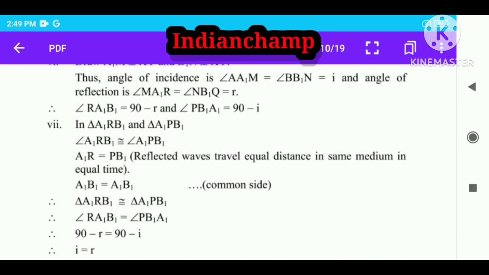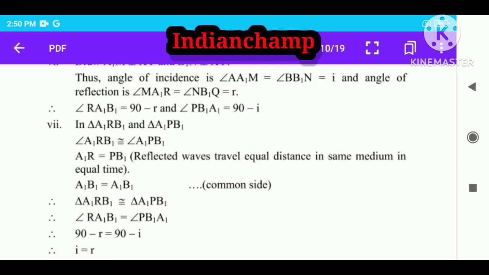Seventh, in triangle A1RB1 and triangle A1PB1, angle A1RB1 is approximately equal to angle A1PB1. A1R is equal to PB1, since the reflected wave travels equal distance in the same medium in equal time.